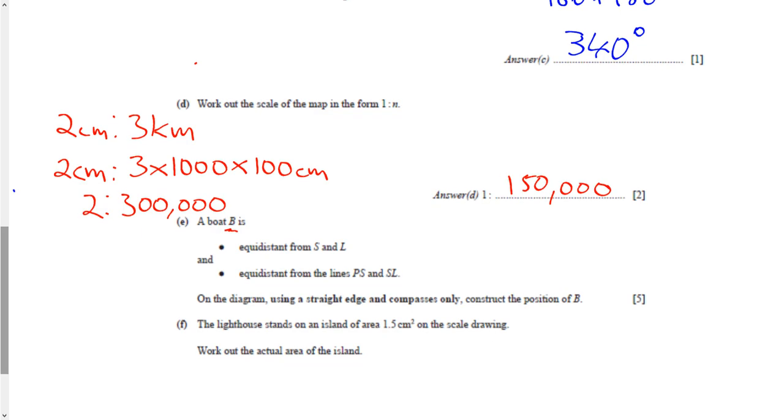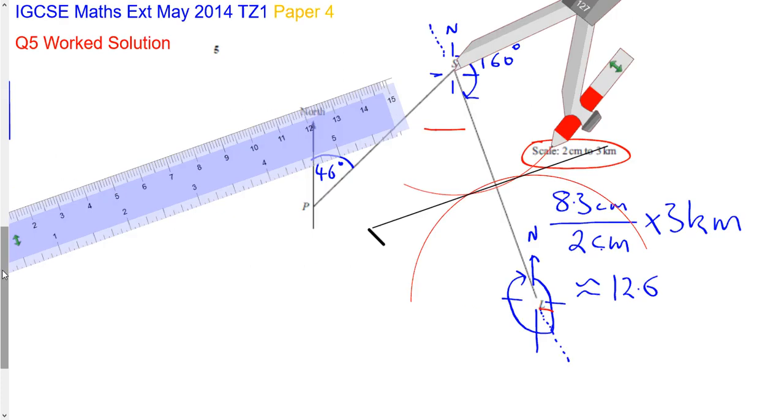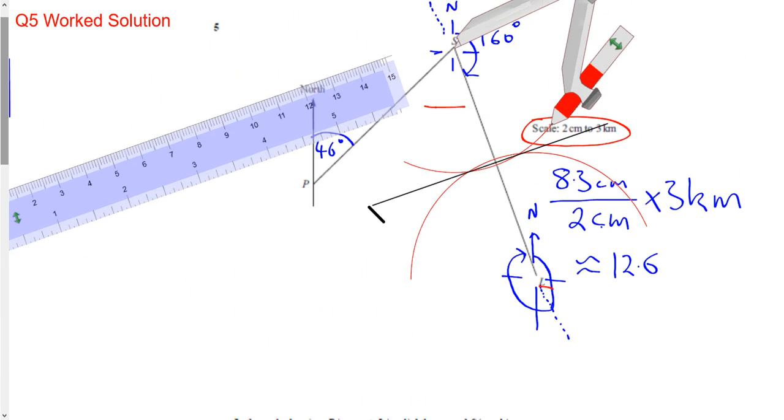It is also equidistant from the lines PS and SL. So we're looking for another line which is equidistant between these two lines here, SL and SP.